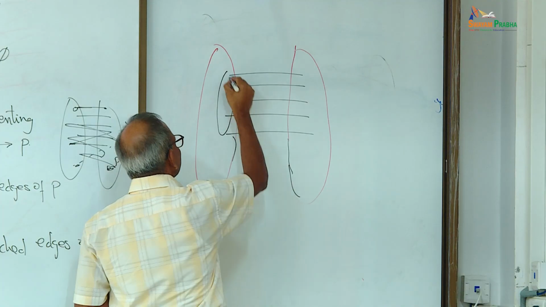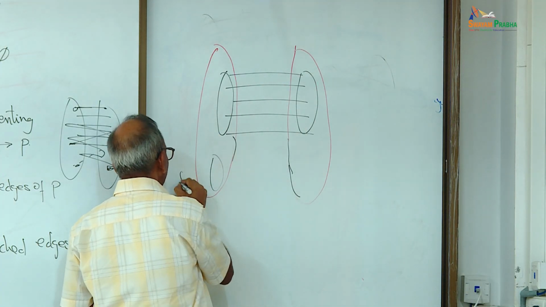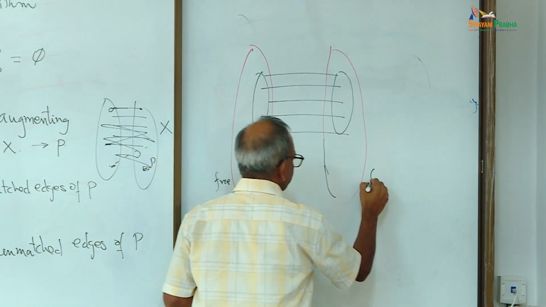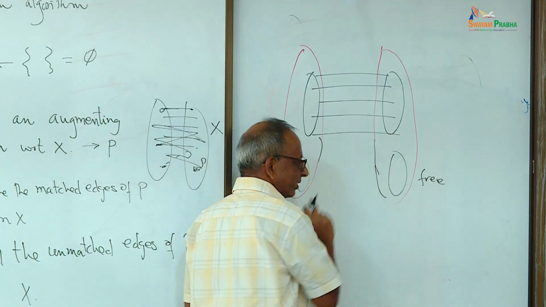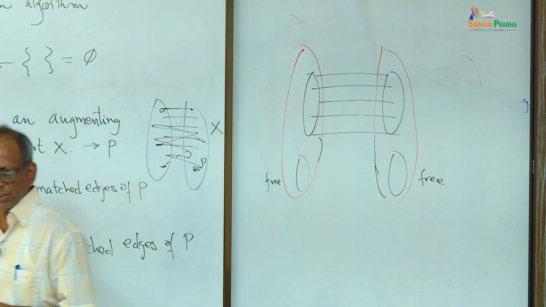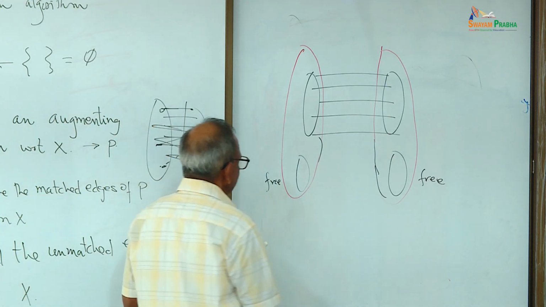So these are matched vertices, and these are free vertices. There is a certain number of free vertices here, and a certain number of free vertices there. Is this clear?